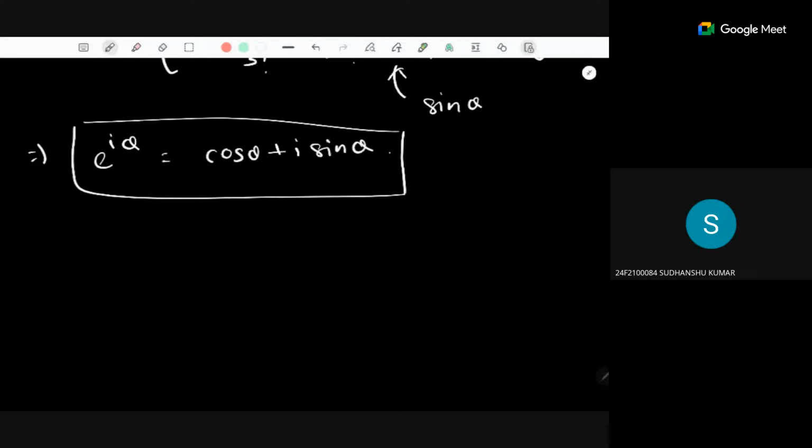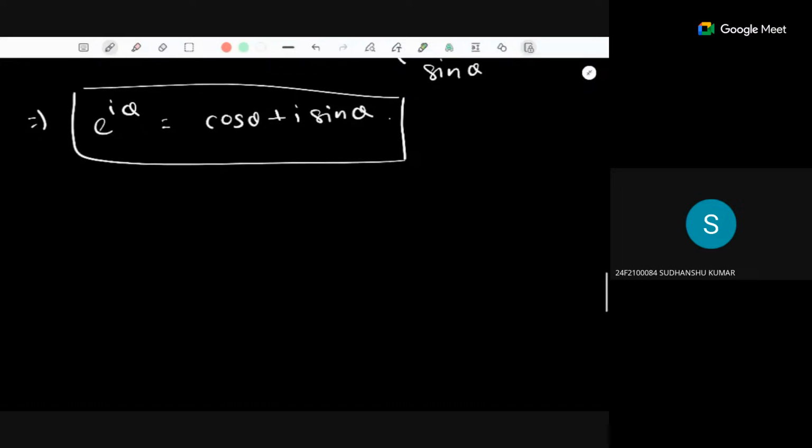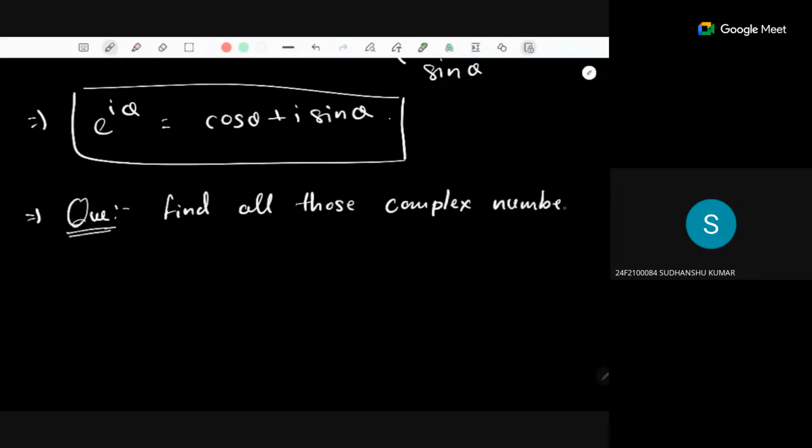Now, why is Euler's formula that important? Because using this formula, we can find any rational power of any complex number. Before that, let's see how we can find the nth root of unity. Unity means 1, so we need the nth root of 1. We need to find all those complex numbers z which satisfy z to the power n equals 1.